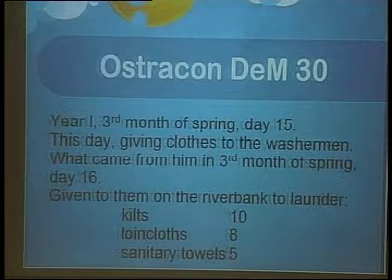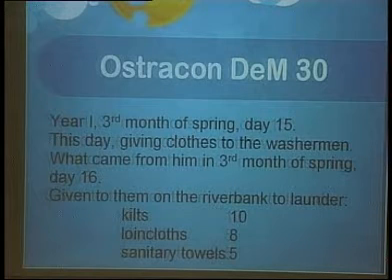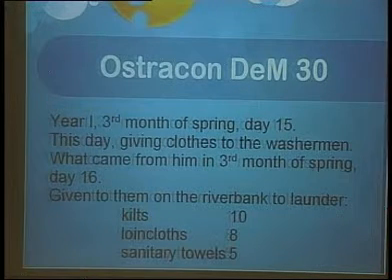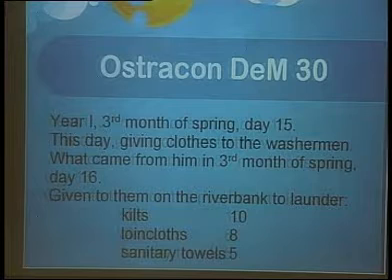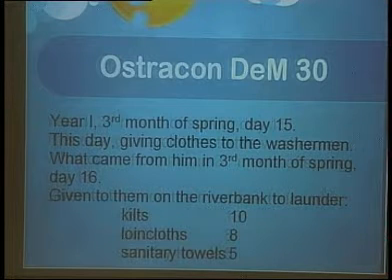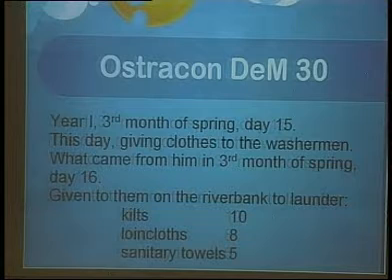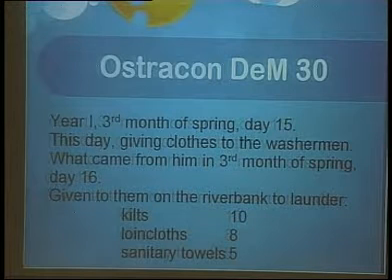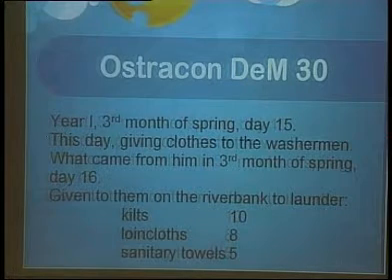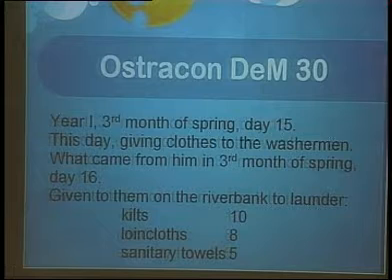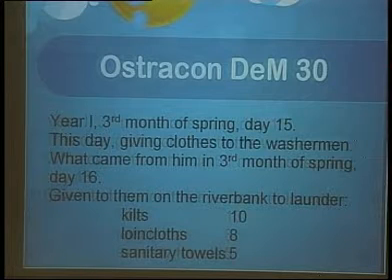And it talks about the various garments which were given again to the washerman, and what's interesting for this text is that the garments were given to the washerman on the riverbank. So the individual households, in this case, actually had to deliver the garments to the laundrymen at their site of work.